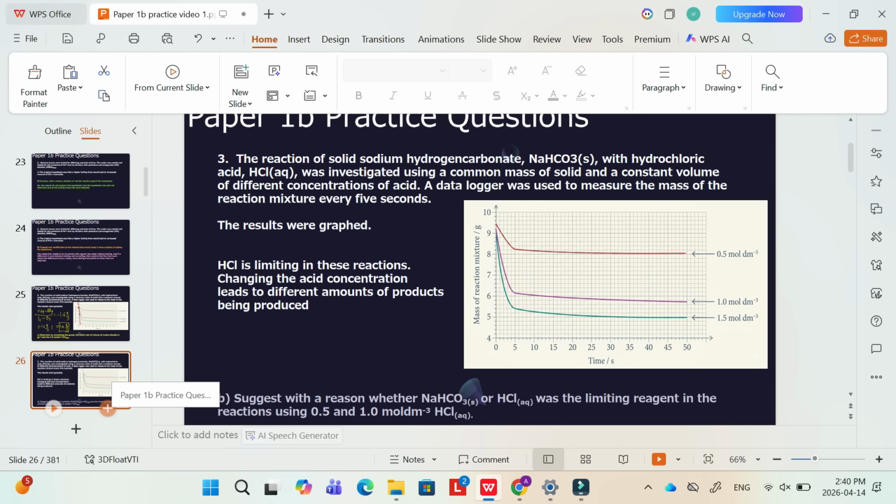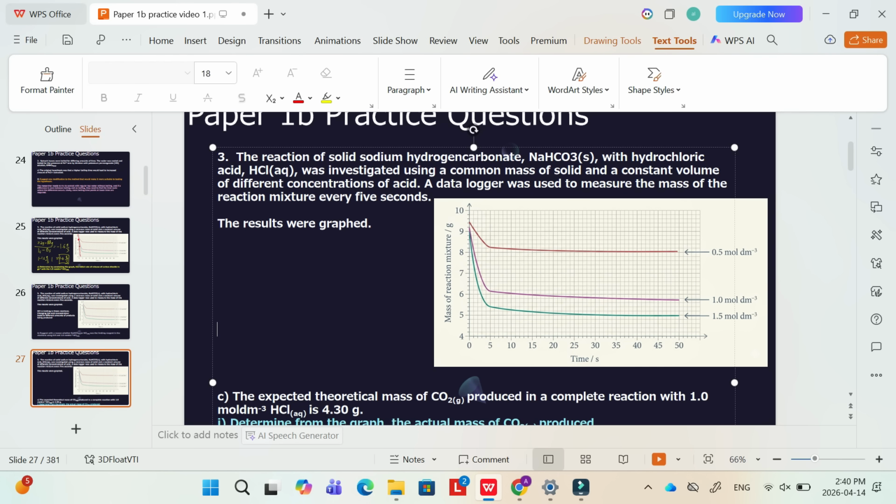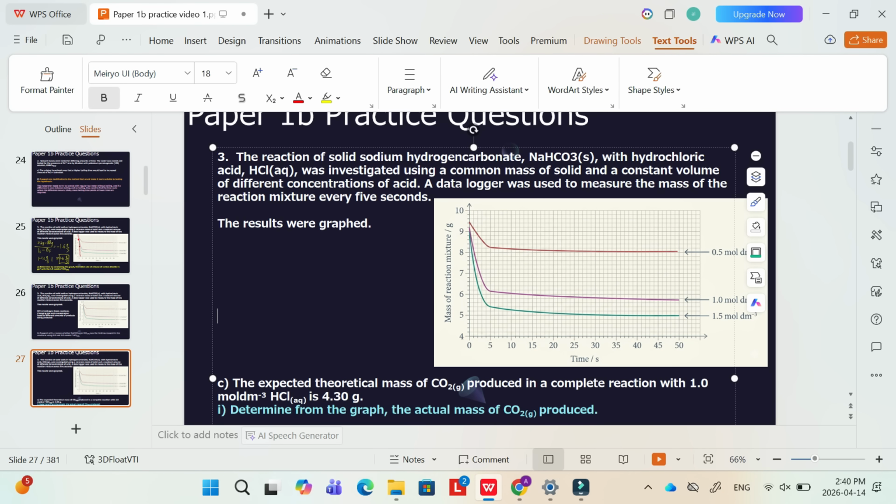All right. Next here, the theoretical mass of CO2 produced in a complete reaction with 1 mole per decimeter cubed is 4.3 grams. Determine from the graph the actual mass of CO2 produced. So you can look, each of the trials here starts at about 9 to 9.4 grams.